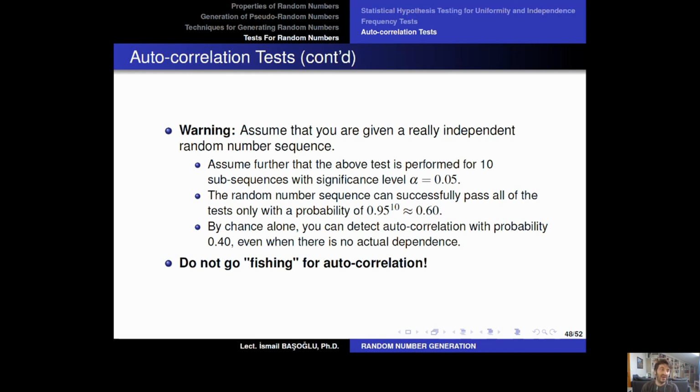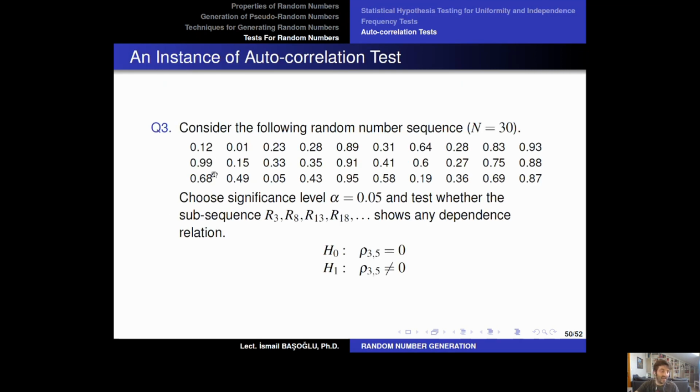So remember now, with a 0.05 level of significance, 1 out of 20 hypothesis tests is expected to reject the null hypothesis. That is the story of statistics. So, as I have said, maybe it is a good idea to check rho 1, the autocorrelation of the original sequence, and that's it. Okay, the rest is maybe not necessary.